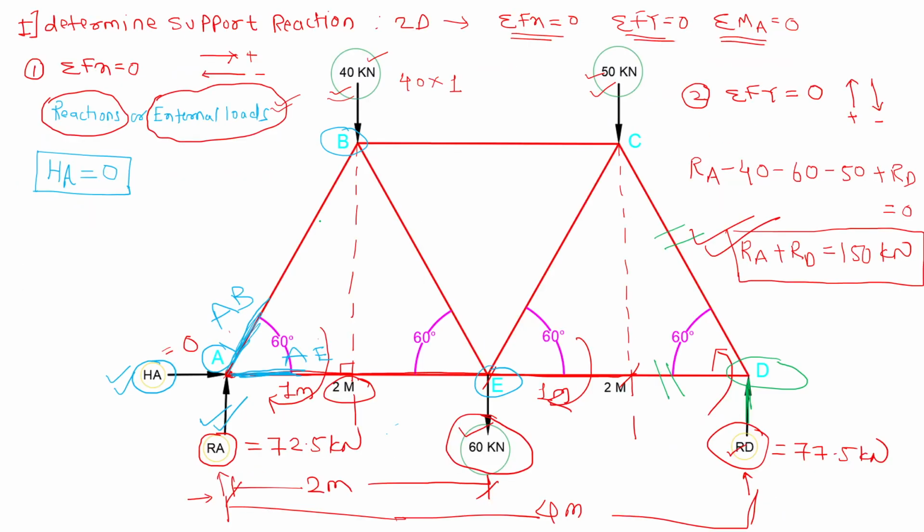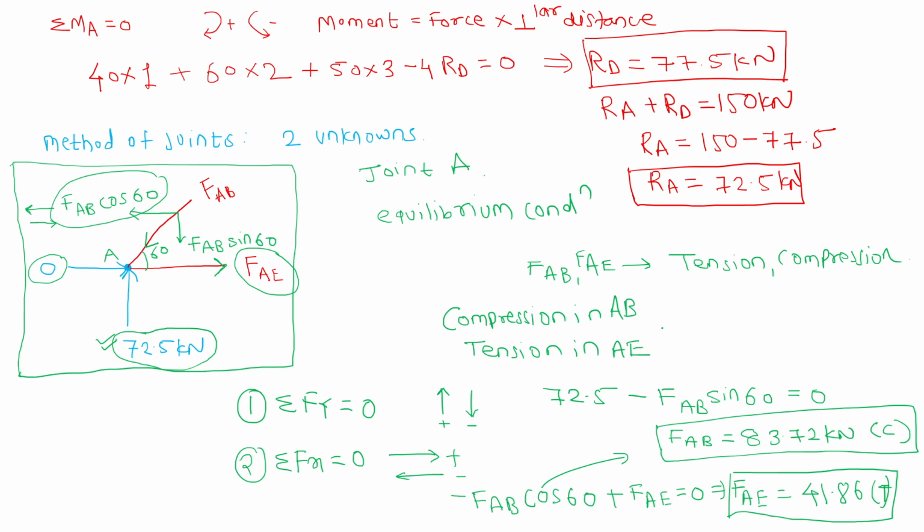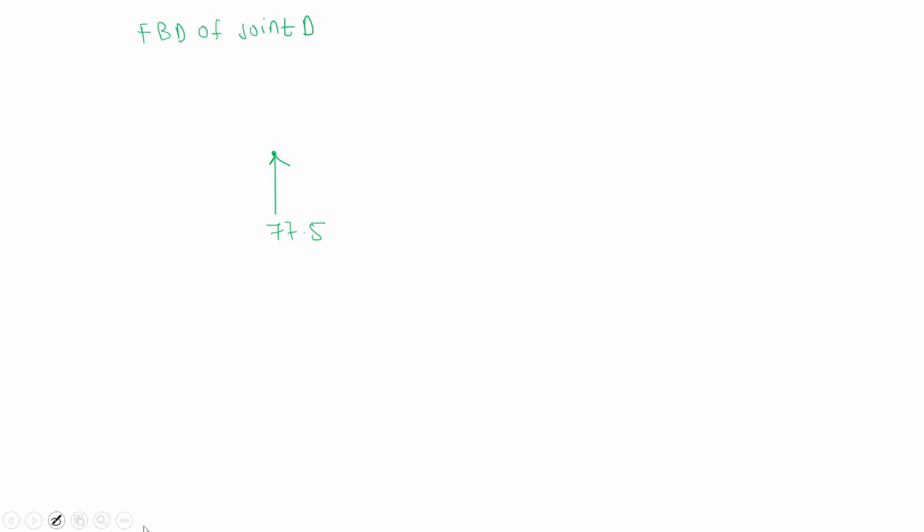Next there is CD force member and there is DE. So we have to show. I will use another color. There is one member like this. There is another member like this. DE. So this is the force in member DE and this is the force in member DC.